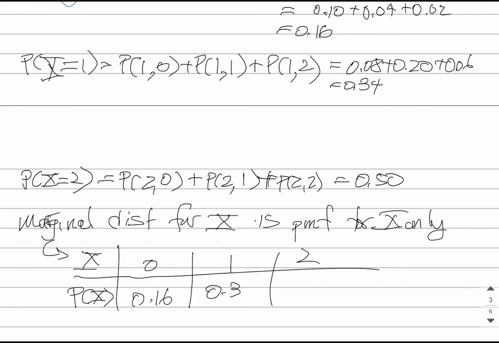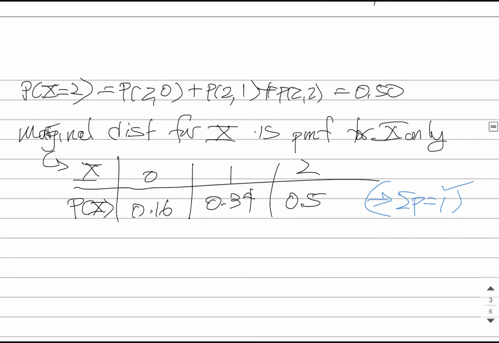We got 0.34 for when x is 1, and we got 0.5. And as always, these probabilities have to sum up to 1, which they do. Effectively, we're incorporating all of the behavior of the y's into this so we can just see how the x's vary. And the reason we do that is because it now allows us to use our old definitions.